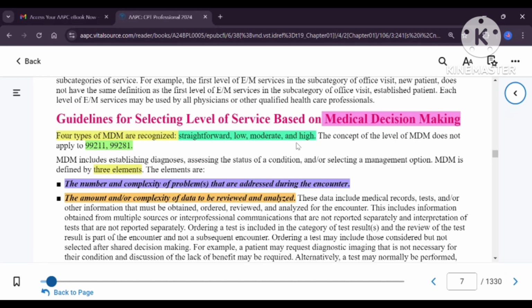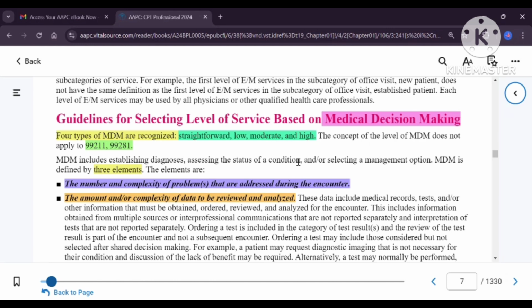And this MDM concept will not work with 99211 and 99281. 99211 is a code for outpatient service under established patient if the service is provided by a qualified healthcare professional but not a physician. 99281 is a code which comes under the emergency services, and under that also they say that there is no physician, then we will be considering it as 99281. So with these 2 codes, we will never consider the level of MDM.